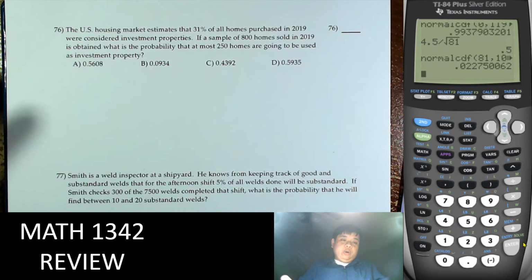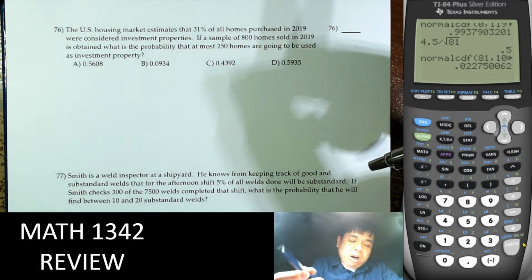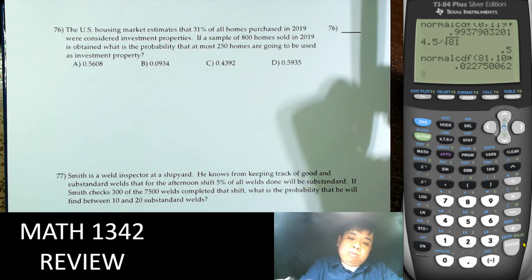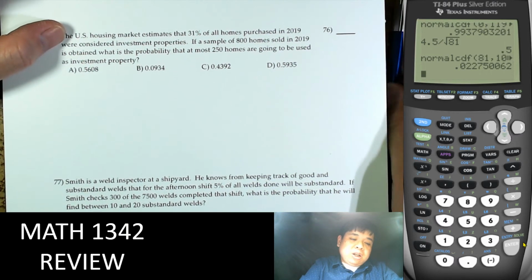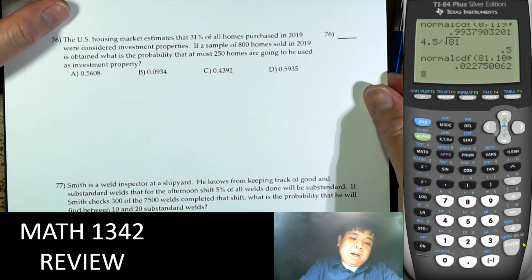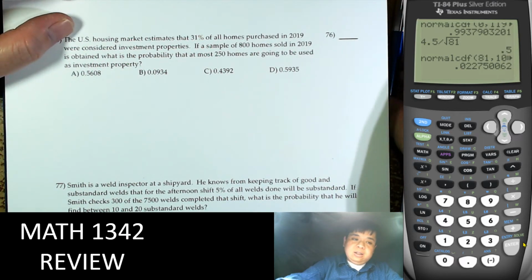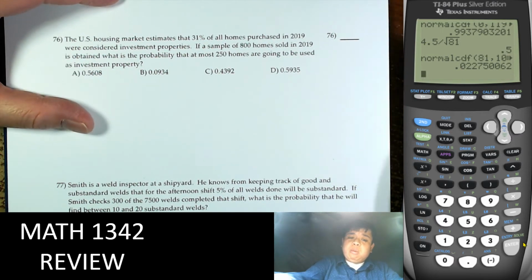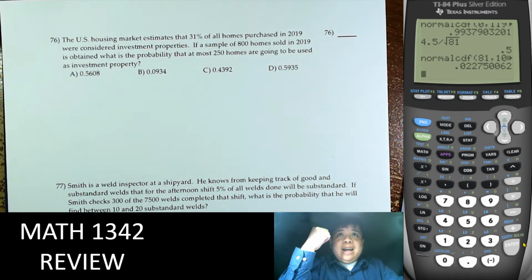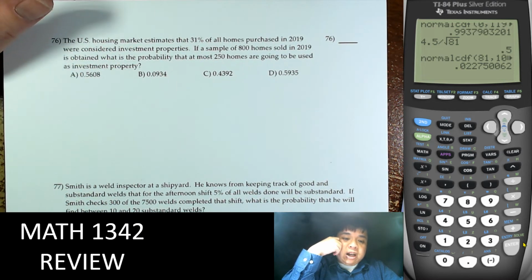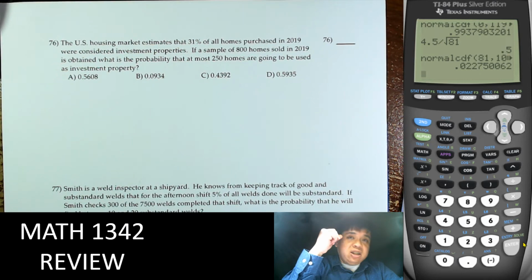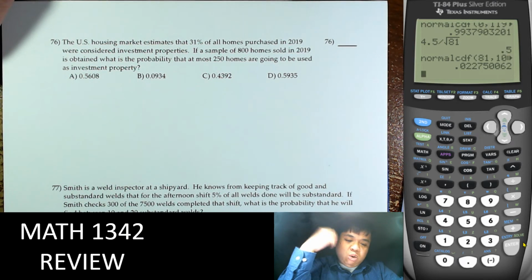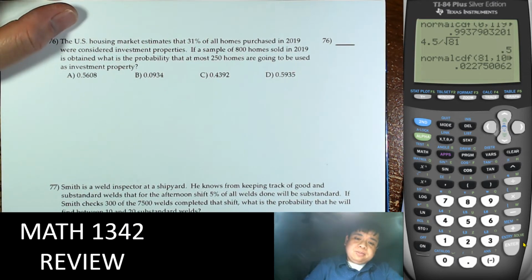Right, the U.S. housing market estimates 31% of homes purchased in 2019 will be considered investment properties, in a sample of 800. Usually in this type of problem there is an assumption that we need to check, but in math on the test, you don't have to check the assumption, just go straight ahead with the calculation.